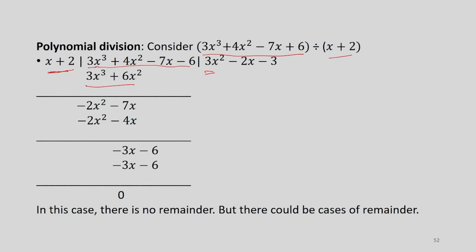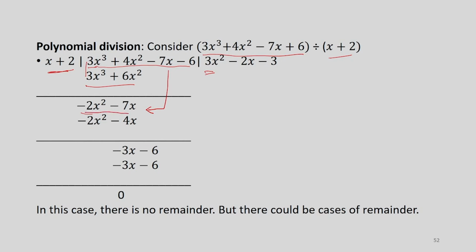Now, obviously, the first element, if I consider them, will get cancelled, that is by construction. And from the second element, if I subtract 6x square from 4x square, I get minus 2x square, and then I take minus 7x from above, and so the term that I have to divide is now minus 2x square minus 7x.